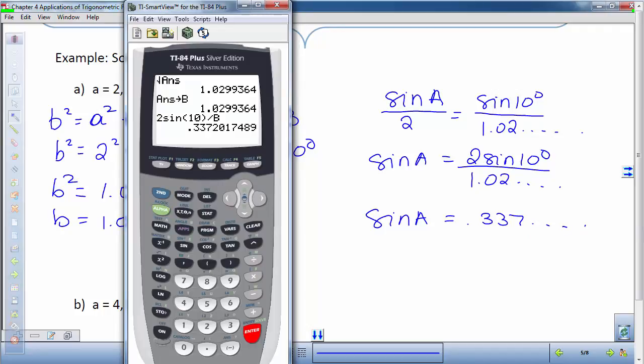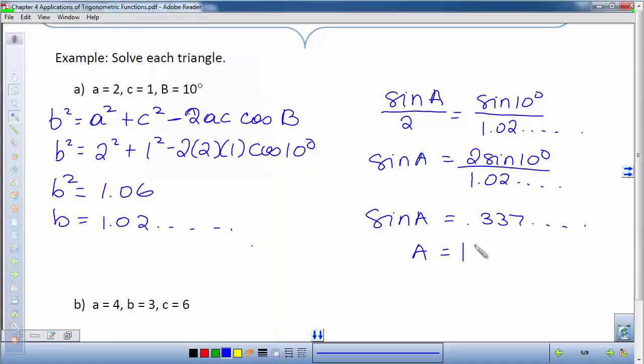To get angle A, we do sine inverse, second sine inverse, second answer. So A equals 19.7 degrees, approximately.